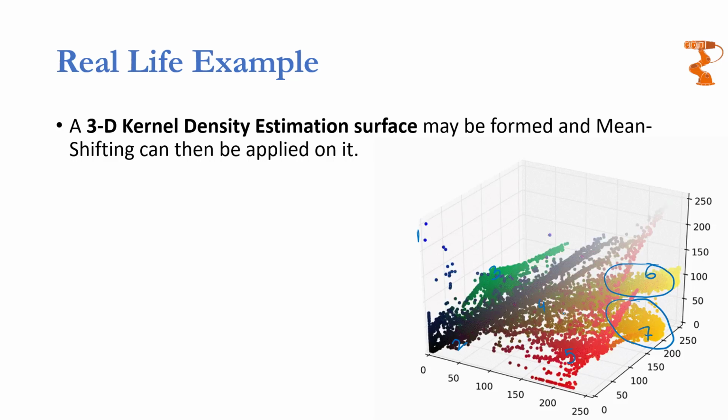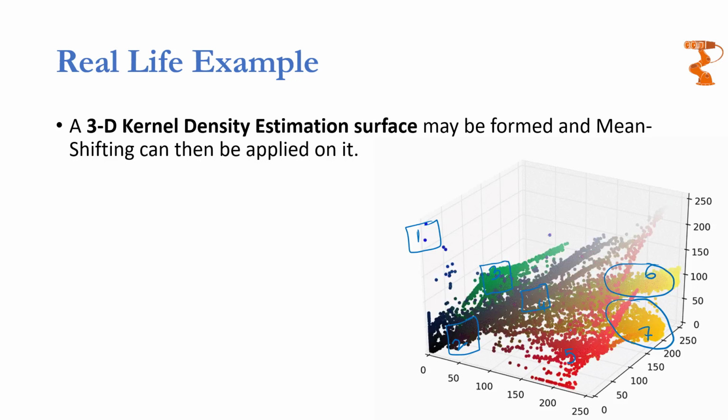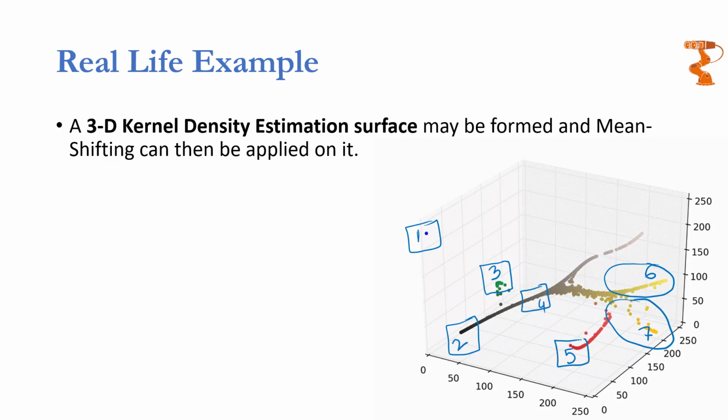So now all the points, all the pixels present in the image, they have been categorized into 7 different colors. One color is represented by this value, one color is represented by this value, and similarly 7 colors are represented by these values. These values are coming from this red, green, and blue axis.